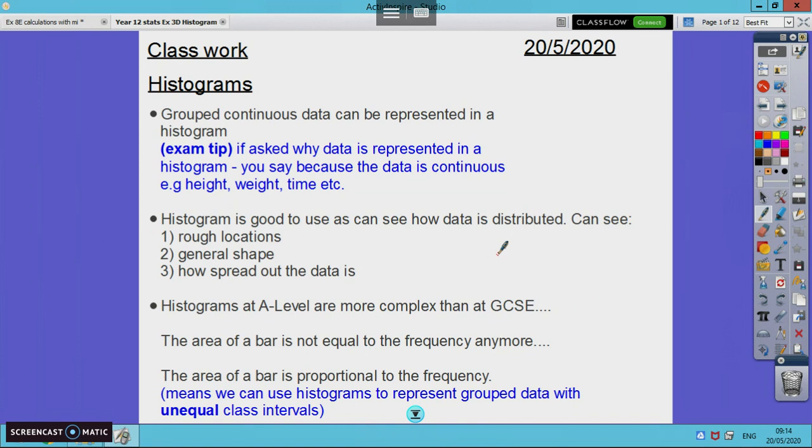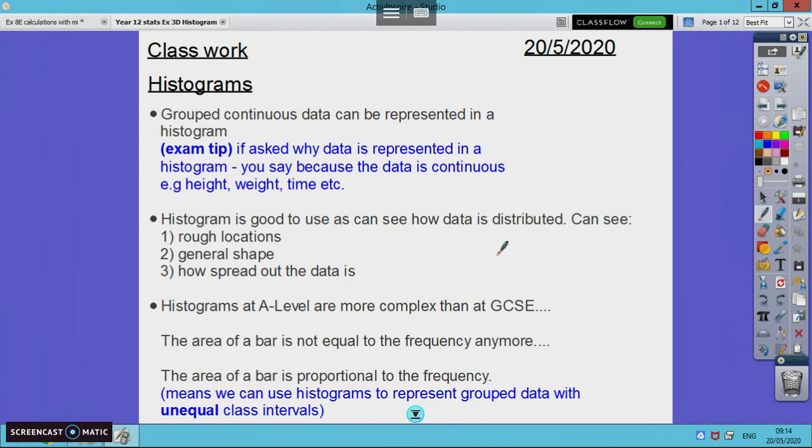That's the type of data that is represented in a histogram, and in the exam questions, you'll see in the book that they often ask why a histogram is a good idea to use for this data, and you say, because it's continuous data, or it may have been represented in a grouped frequency table, and therefore that's a good reason why you could use it as well.